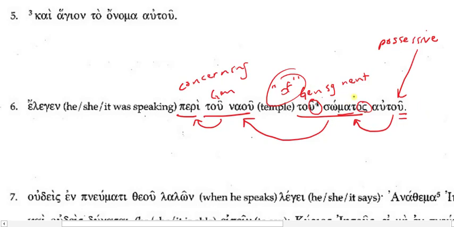But what is the semantics of tou somatos as a genitive noun in relation to the temple? Is this also possessive? Is it saying he was speaking about the body's temple? No. The word body here is not the possessive kind of genitive. What kind of genitive is it? This is what we would call a genitive of apposition. A genitive of apposition.